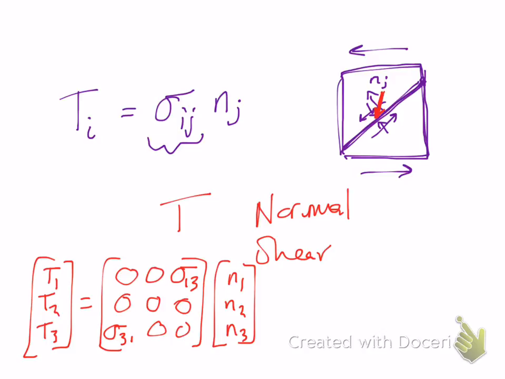And what does this look like? T1 equals, well, sigma 13 N3, 0, N1 sigma 31. Is that right? That's right.